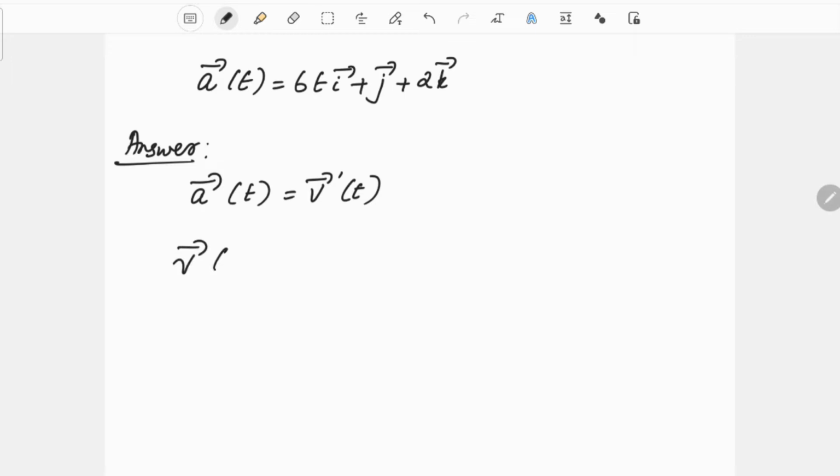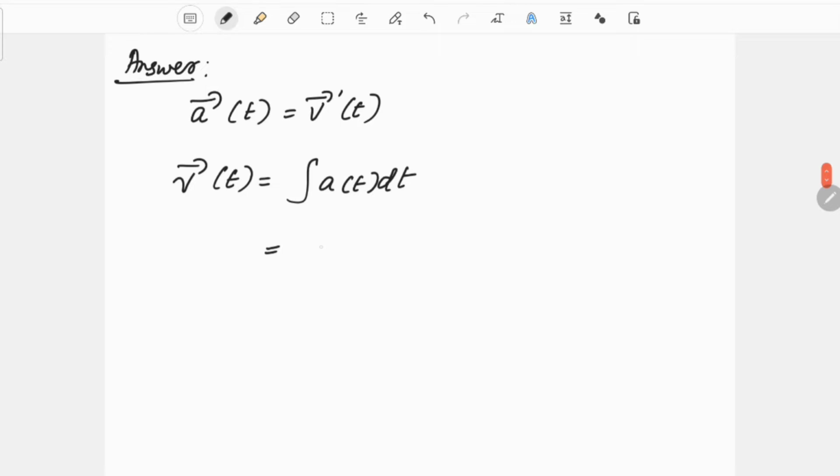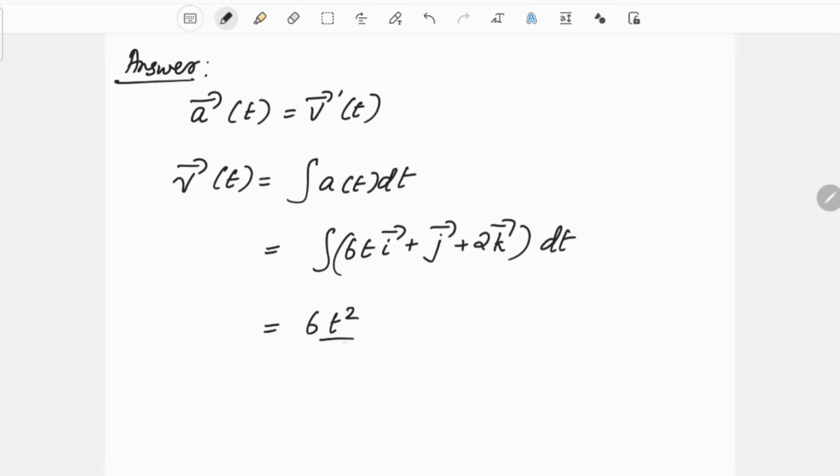So vector v(t) is equal to the integral of a(t) dt, and that is equal to the integral of (6t i + j + 2k) dt. That's equal to 6t²/2 i + t j + 2t k + vector c.